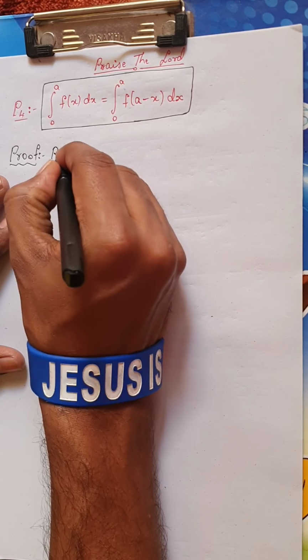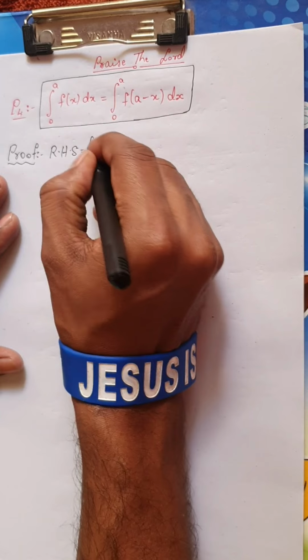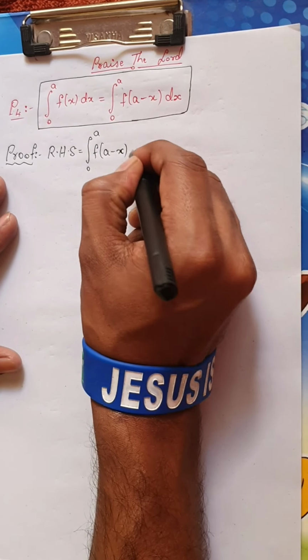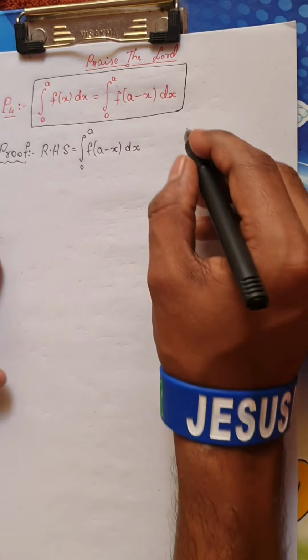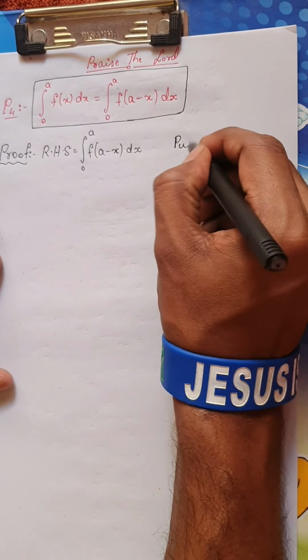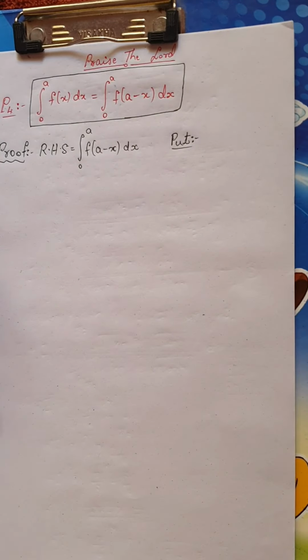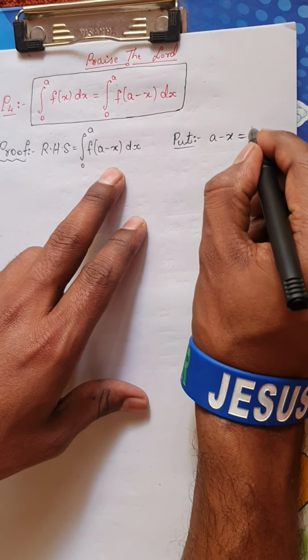For proof, as I did in the previous one, let me consider the RHS. Your RHS is 0 to a f of a minus x dx. Okay, so this question I am going to start with the substitution method. Similar to the previous proof, I am going to put a minus x as t.